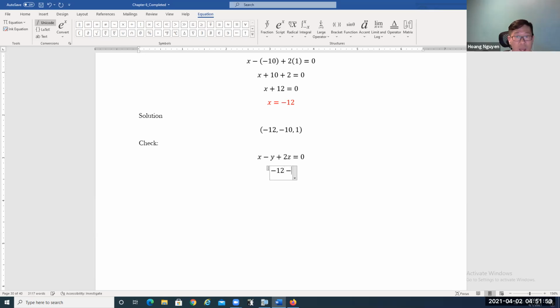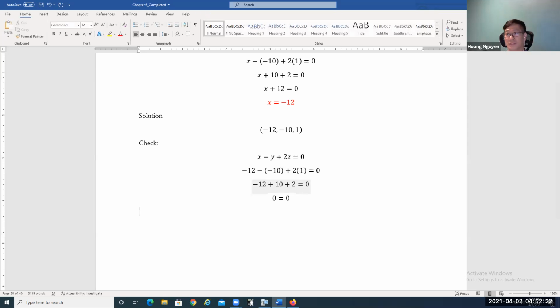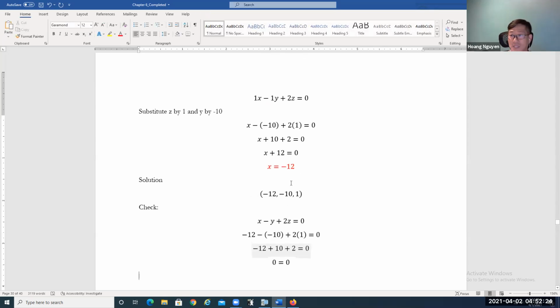Negative 12 minus negative 10 becomes plus 10, and 2 times 1 is 2. Negative 12 plus 10 is negative 2, and negative 2 plus 2 is 0. So 0 equals 0. Check, the first equation is good.